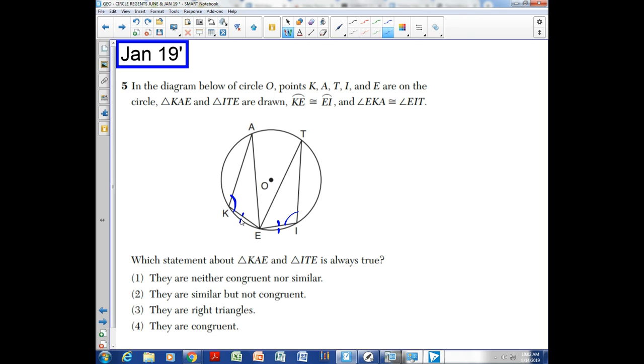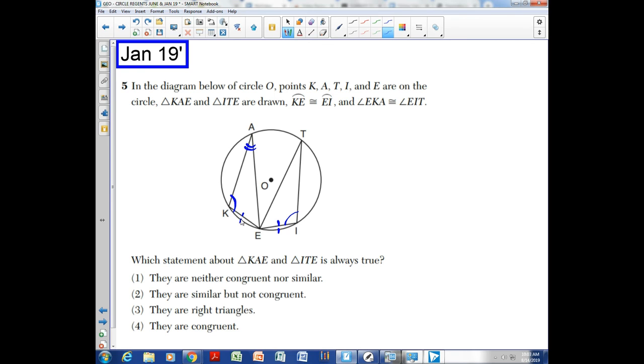Now, if you also remember, a very important theorem for angles and arcs is that inscribed angles are 1/2 of their intercepted arcs. Well, here I'm going to put 2 little arcs right here, at angle KAE. And you can see that angle KAE intercepts arc KE. That means that angle is 1/2 of whatever that arc happens to be.